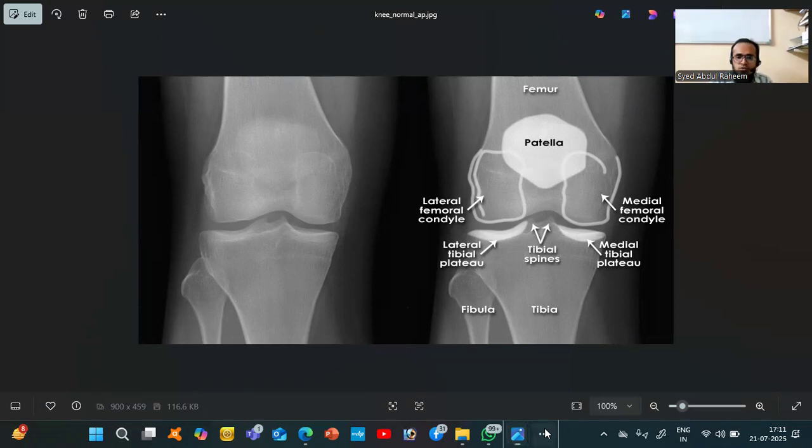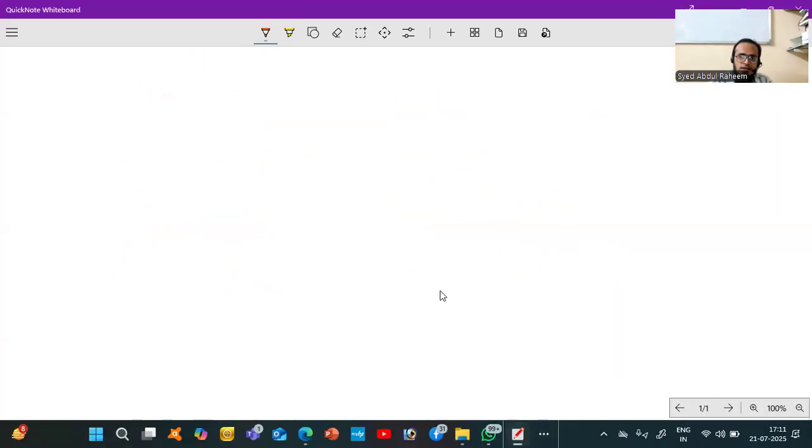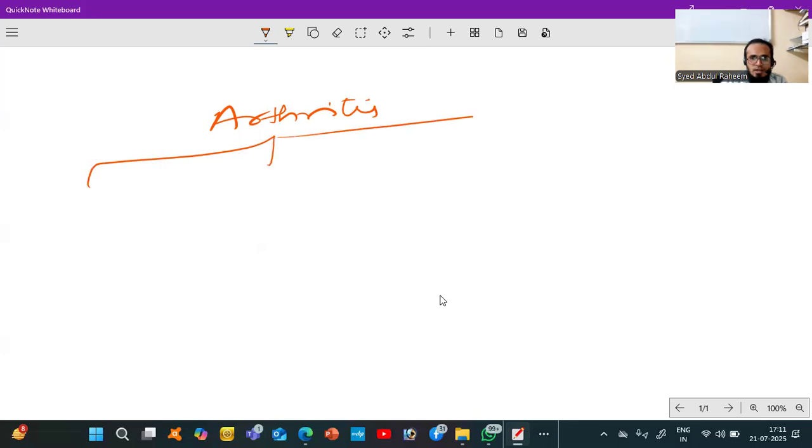Next, what we have to understand is osteoarthritis. Osteoarthritis is the most common type of arthritis. So we'll discuss different types of arthritis. We have three types of arthritis.